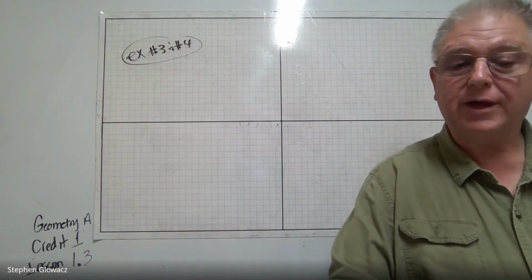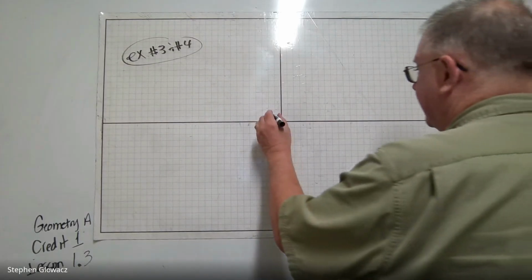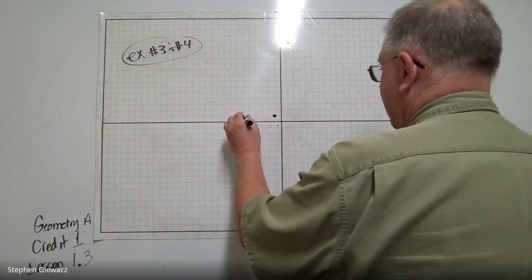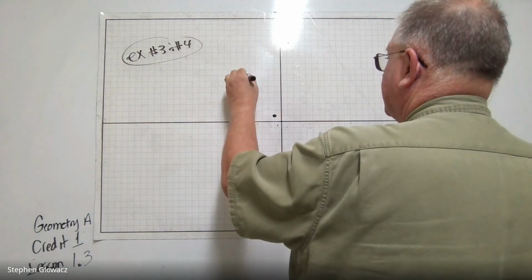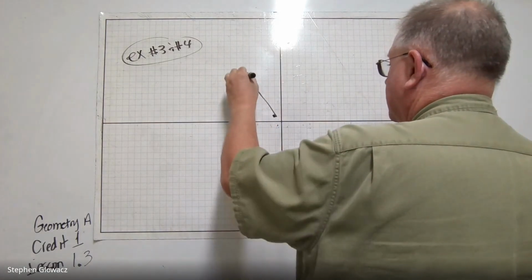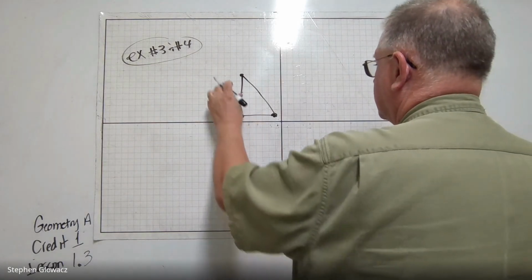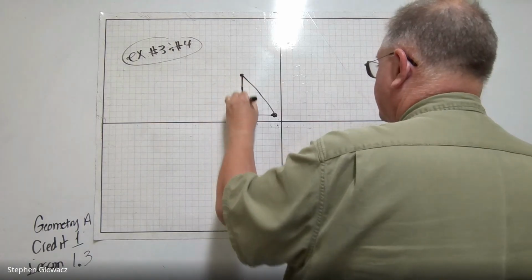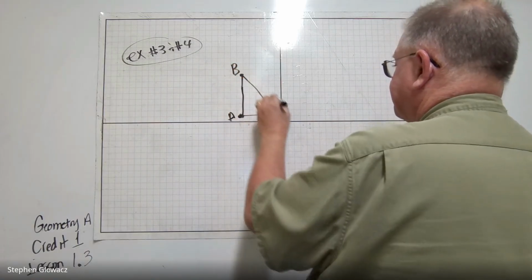Now what we're going to do here is apply the rule. So let's draw another triangle here, and we'll call that triangle ABC.